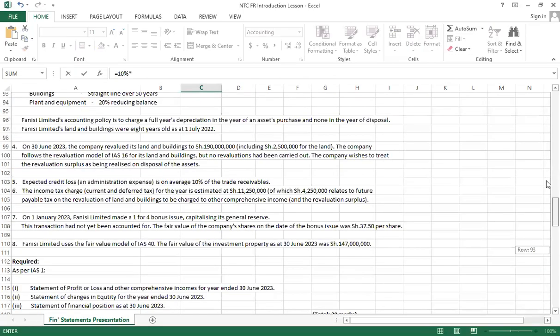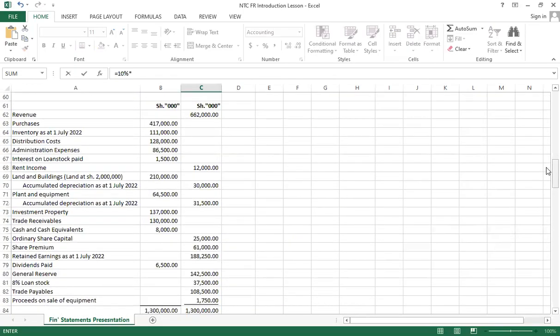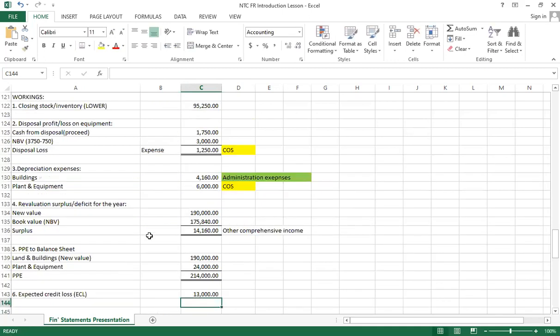So it is 10% times, when you go back to the trial balance, the trade receivables are somewhere. And this I can see is 130,000. So 10% of it will be our expected credit loss, which is an expenditure, and that comes to about 13,000.